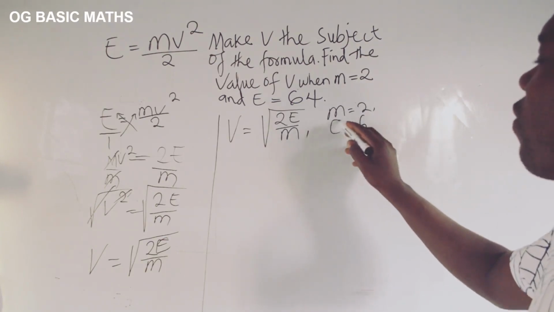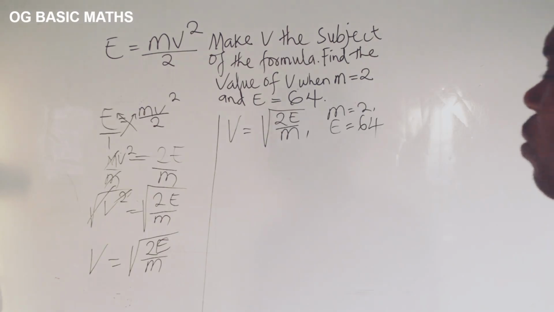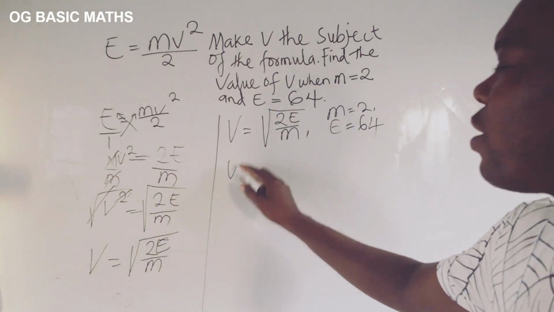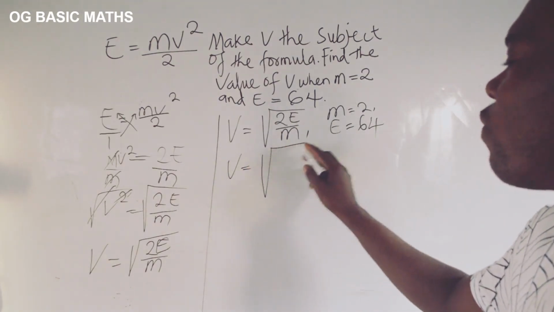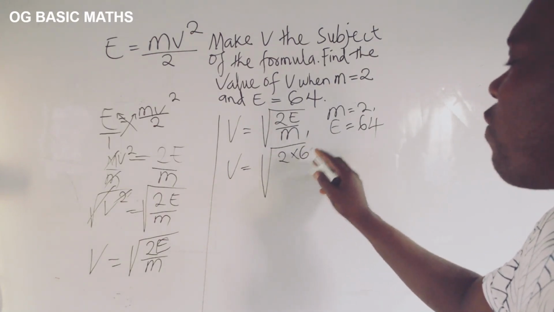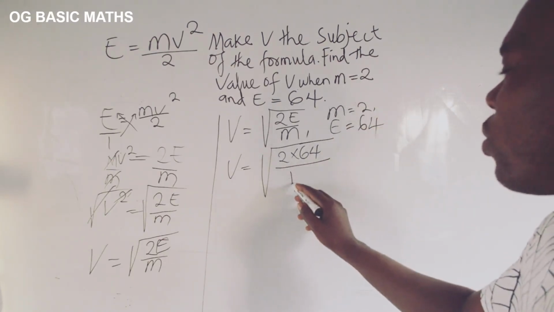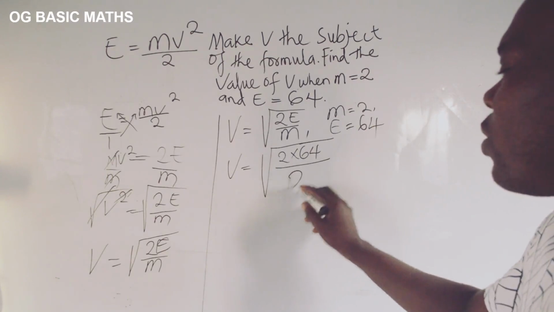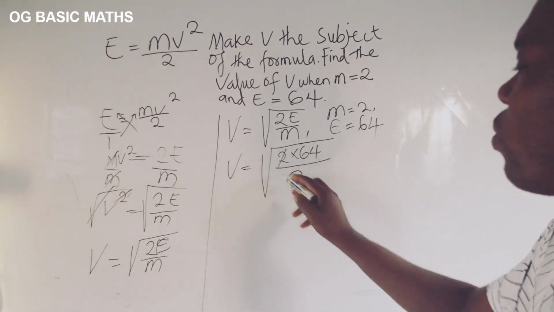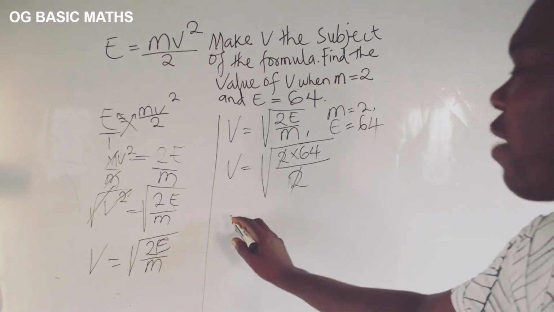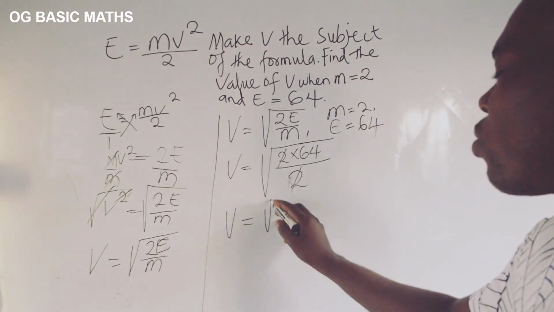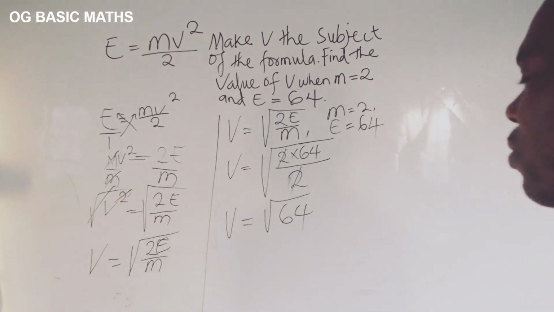So we substitute. We have V now to be the square root of 2 times 64, all over M, which is 2. So this 2 and this 2 will go. What we have now becomes V equal to the square root of 64.